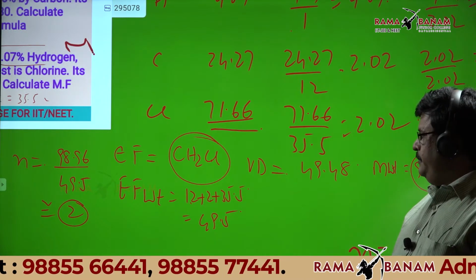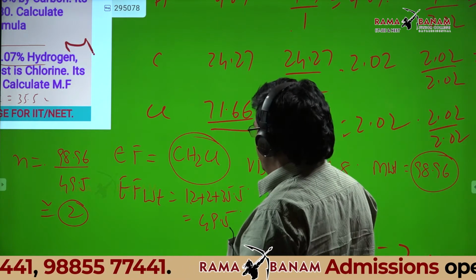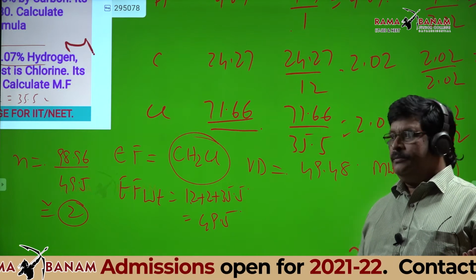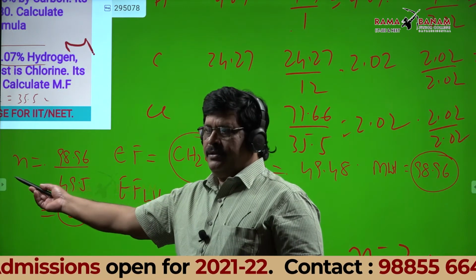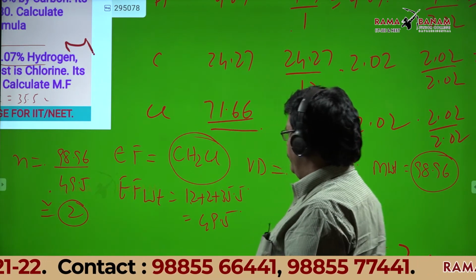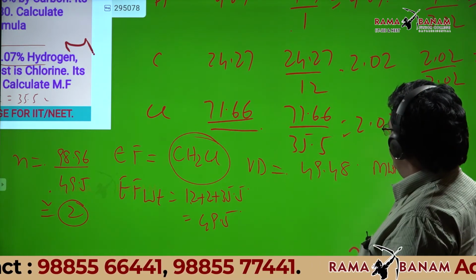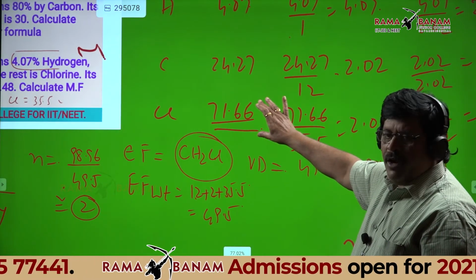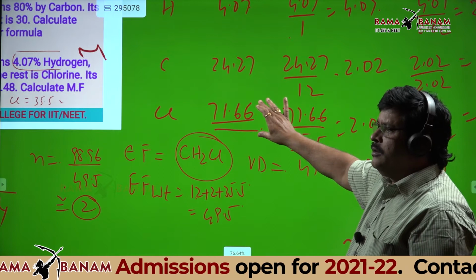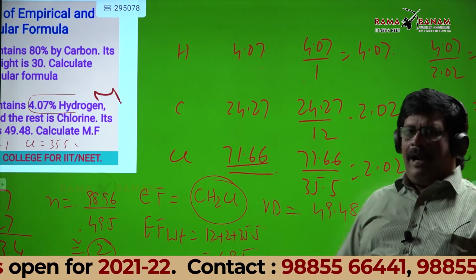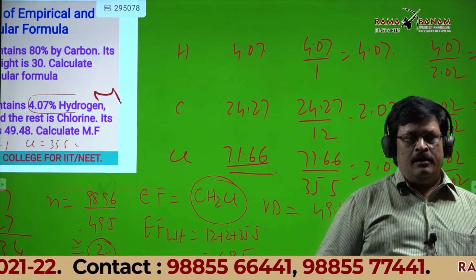Sir, once repeat. Which part do you want? This n value? Chlorine 71.66, how is it 71.66? You add the percentages of hydrogen and carbon.